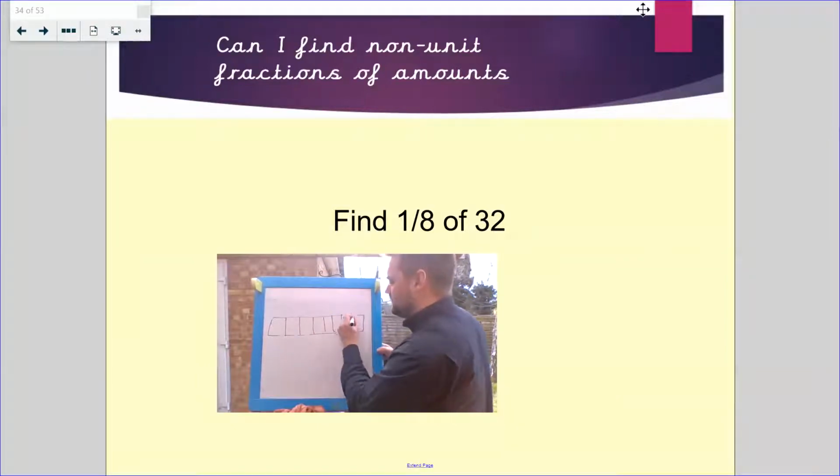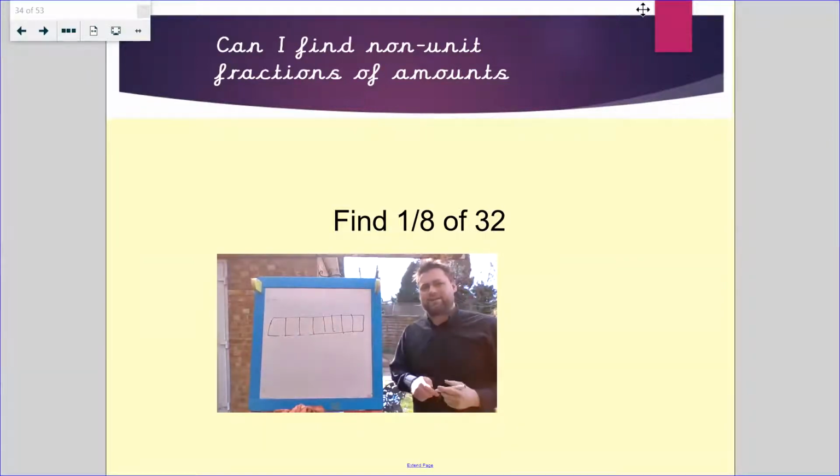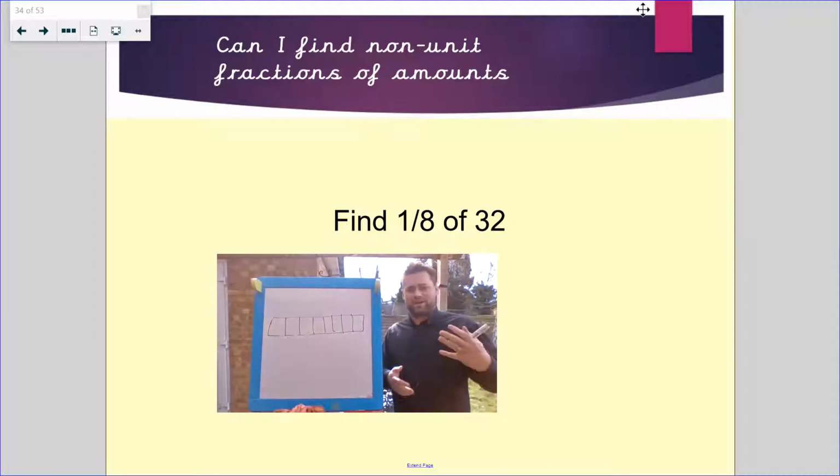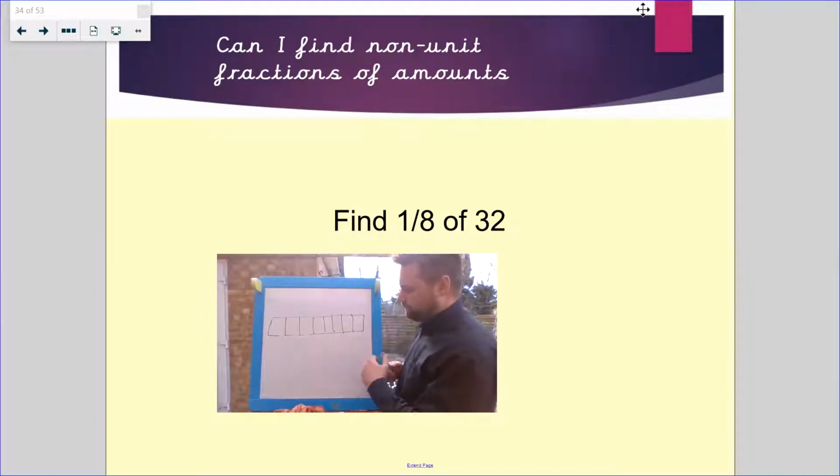If you had place value counters, you could have tens, but it probably wouldn't actually work, because you've only got up to 30, and we've got to split it into 8 groups. So I would think to myself, using a bar model may be difficult to work this one out, and using place value counters may be hard to work this one out.